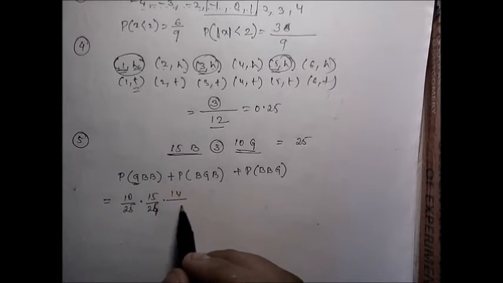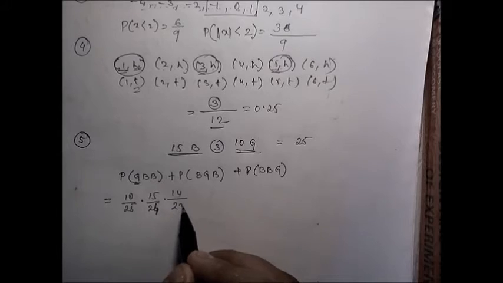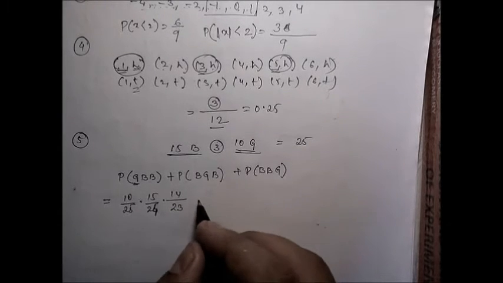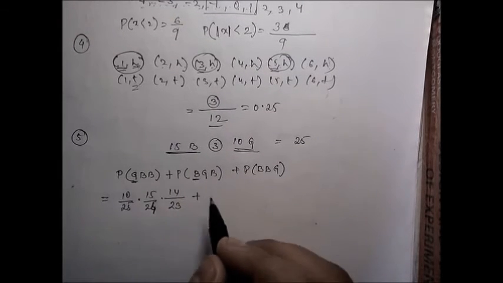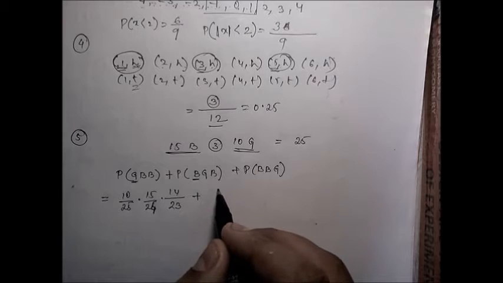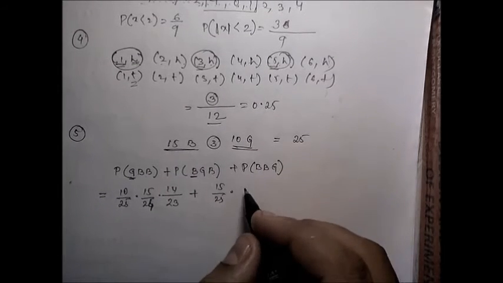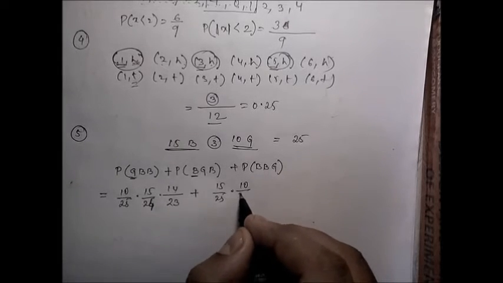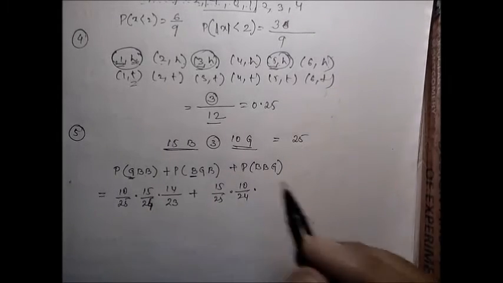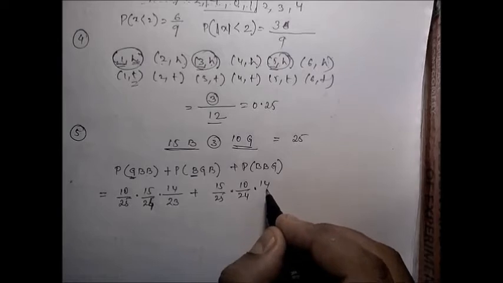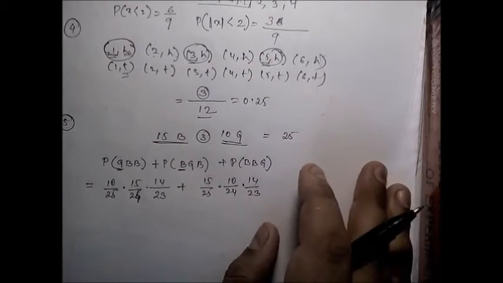We have chosen 1 boy, so the answer is 14 by 23. Clear? First possible combination. Second, 1 boy we may select, so 15 by 25. Then we can select 1 girl, that is 10 by 24. Then we may select another boy, so 14 by 23.